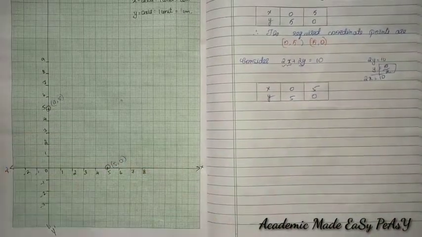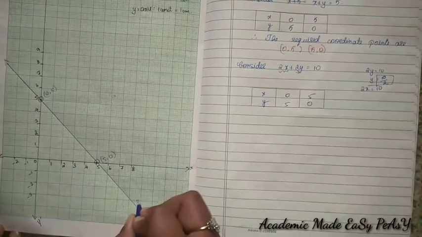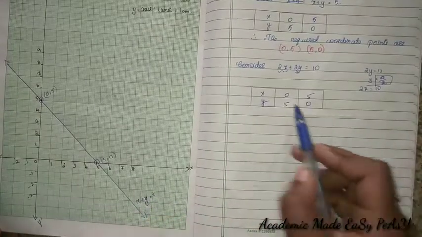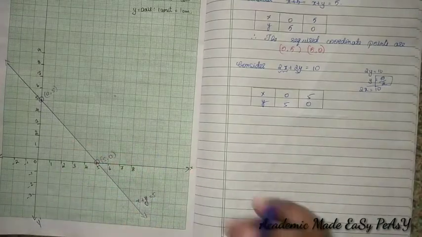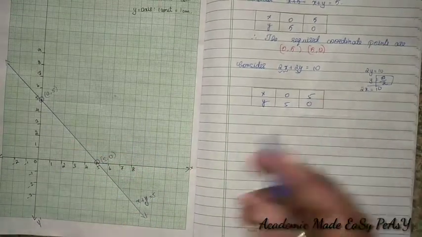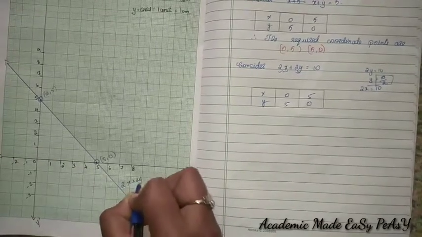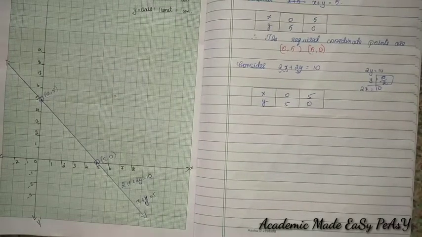Now I will join these two points and write the equation here: x plus y is equal to 5. Here also the points are 0, 5 and 5, 0, so we need not plot them again. Just write 2x plus 2y is equal to 10 over this line itself. That's it, the graphical solution is over.